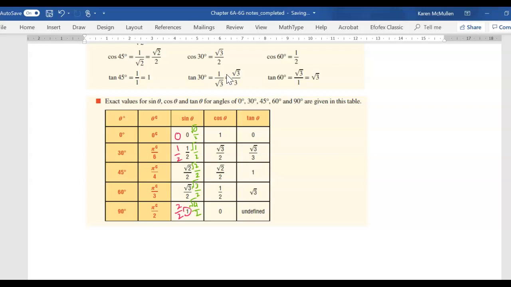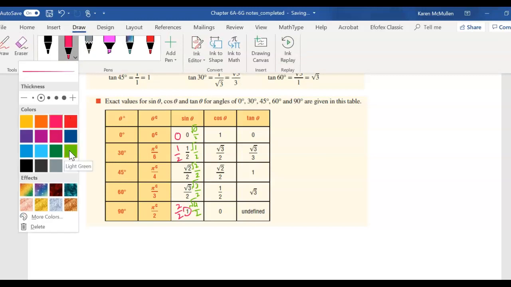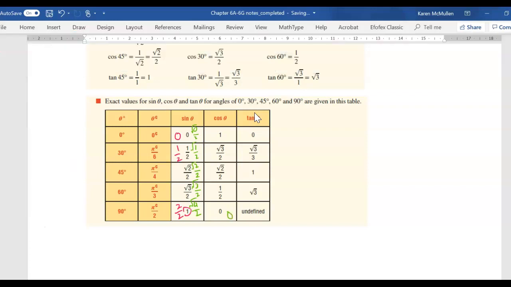If you have a little bit of trouble remembering, you just go sine, and that's your order. Now, cos is the opposite. If we look at cos, you can see it just goes in the opposite direction. Once you've done sine, you can do cos. We've got 0 up here, so 0 down here.